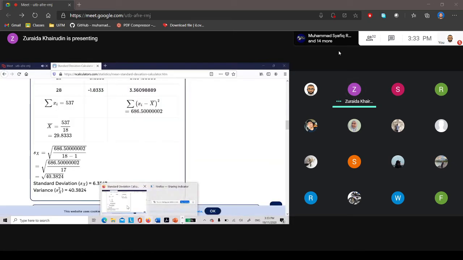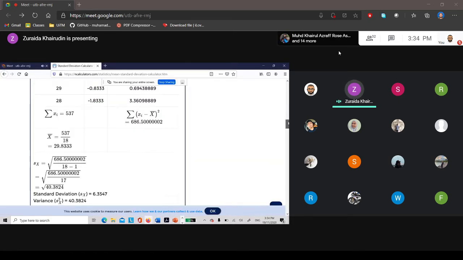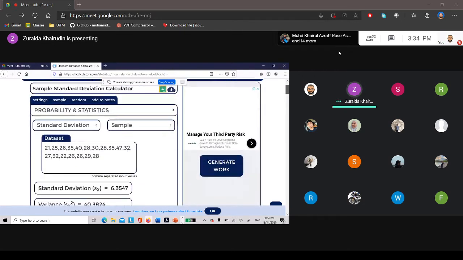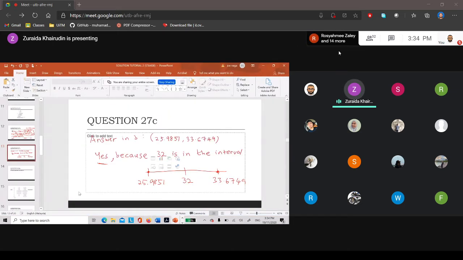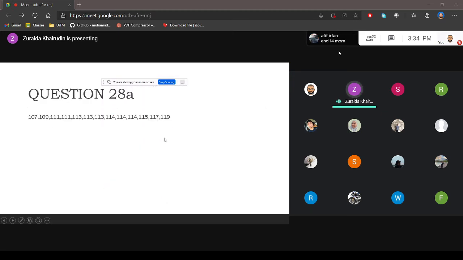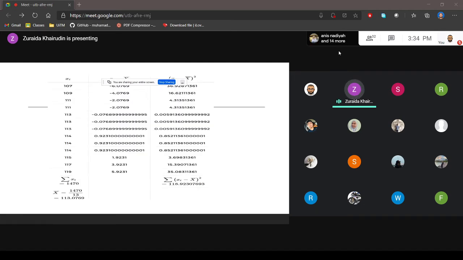Put all these values into your online calculator. The online calculator will help you to compute. So this is the result when you use the online calculator.